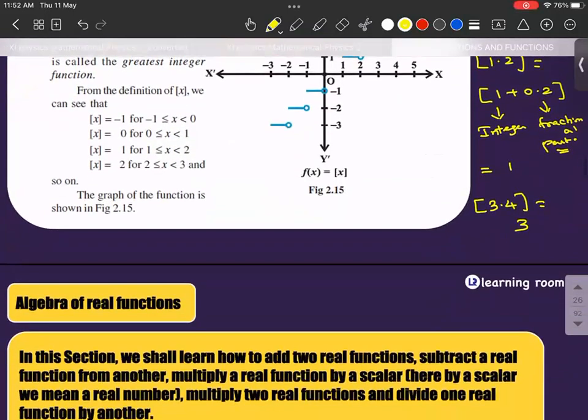Now the next question is, what is the greatest integer of minus 2.3? This is where the challenge starts. I can write minus 2.3 as minus 3 plus 0.7 or minus 2 minus 0.3.